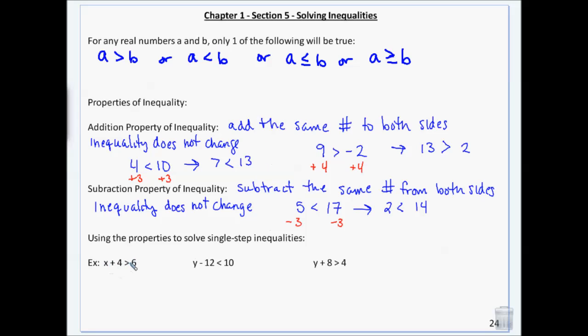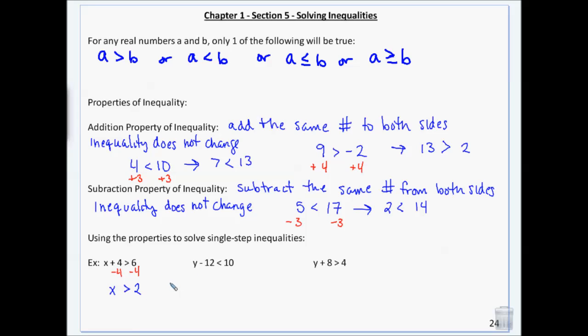If x plus 4 is greater than 6, I can subtract 4 from both sides the same way I would solve an equation. And nothing changed. Well, the numbers changed, but the inequality did not change. So x is going to be greater than 2.